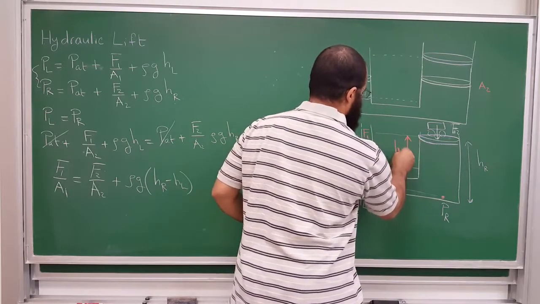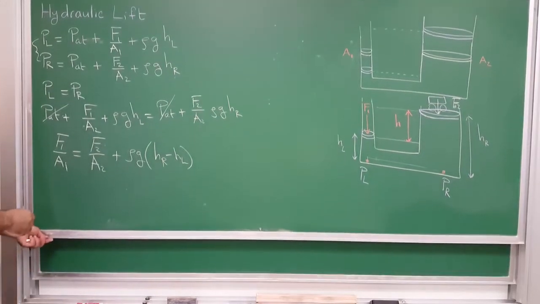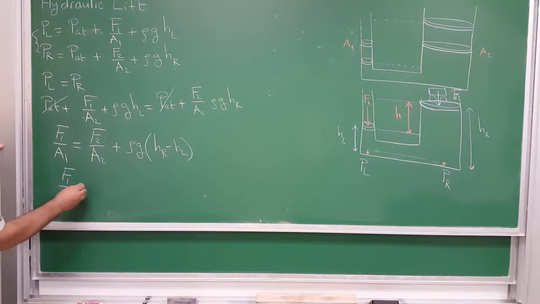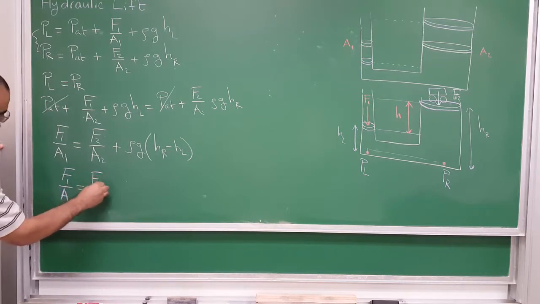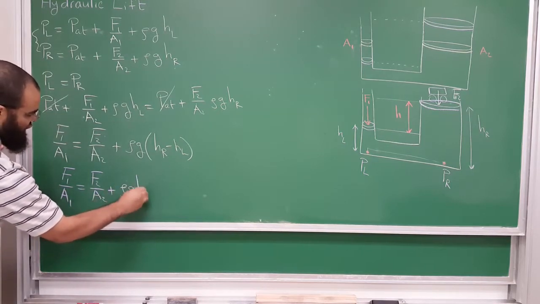I'm going to call this H. So F1 over A1 is equal to F2 over area 2 plus rho g H.